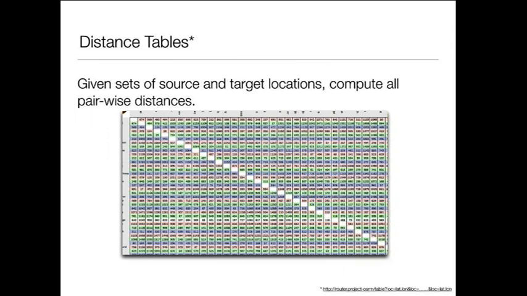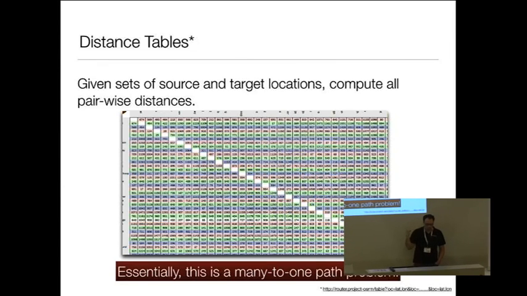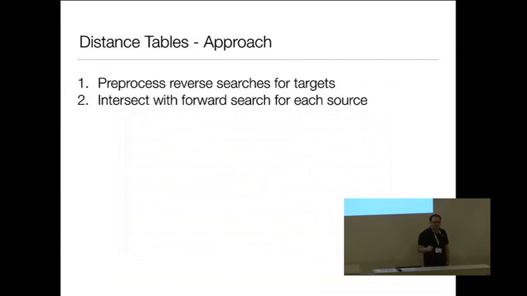So essentially, this boils down to a many-to, oh, sorry, that's a typo. It's supposed to be a many-to-many path problem. We have many sources, many target locations. So solving that in the same modeling that we had before is very easy. For each given target location, we pre-process the reverse search spaces and put that away in memory just to pick it up.